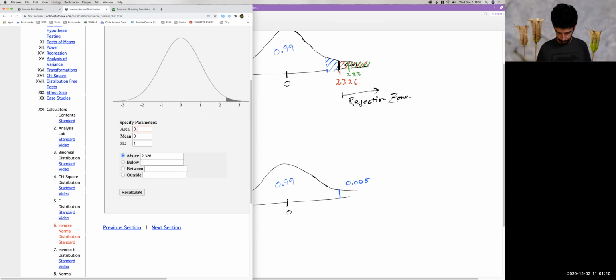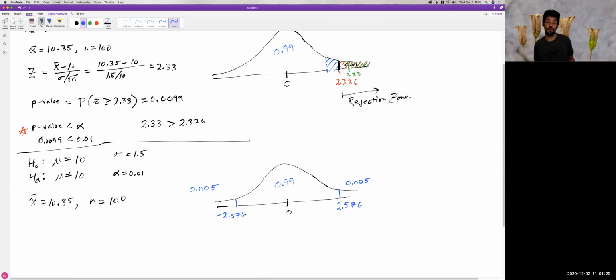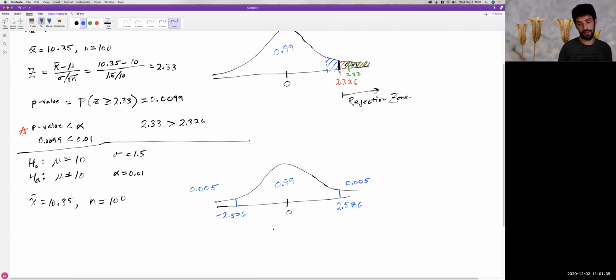Pardon me. 0.005 area above. And we get a z-score of 2.576. By the symmetry of the standard normal distribution, we'd have a negative 2.576 below. So now we have two critical values, a positive critical value and a negative critical value, right? So when we have this two-tailed test, we have these two critical values.